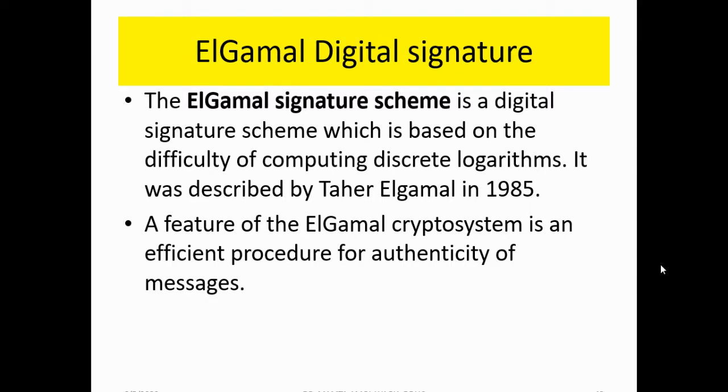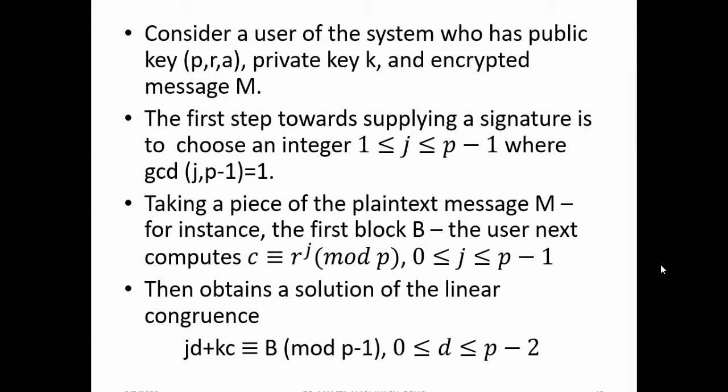It was described by Taher Elgamal in 1985. A feature of Elgamal crypto system is an efficient procedure for authenticity of messages. So let us see this. Consider a user of the system who has public key PRA, the private key K, and the encrypted message M. So we have all this: the public key, the secret key, and the encrypted message M also.